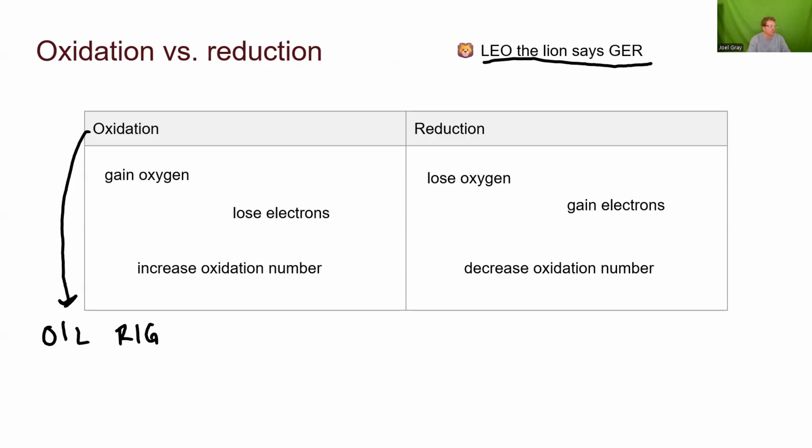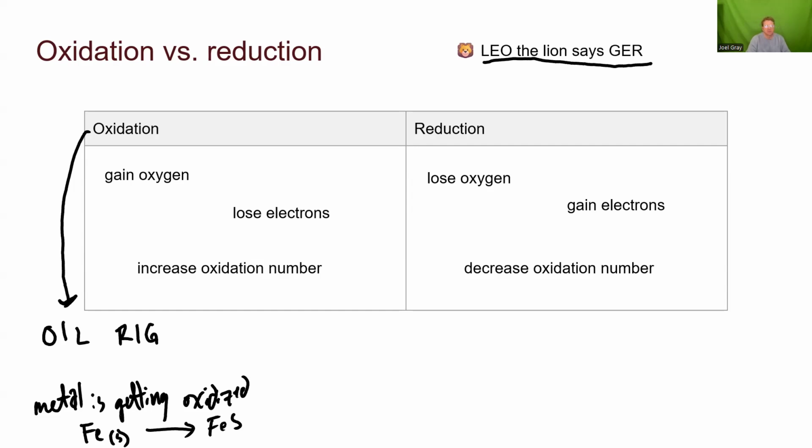Whenever that rusts, what's happening is the metal is getting oxidized. And a classic example of that is Fe, or elemental iron, solid iron, will get oxidized and form a compound like FeS.